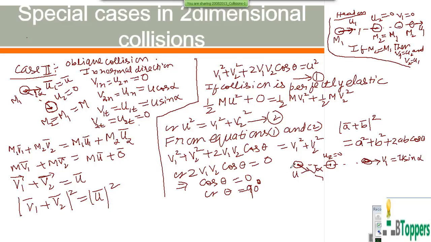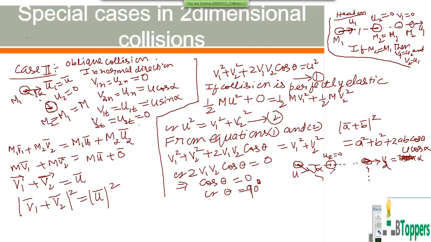But the second sphere after collision moves in the normal direction. So this should be taken as v2 here. v2 will be u cos alpha. The second sphere will have velocity in the normal direction. This is the normal direction.